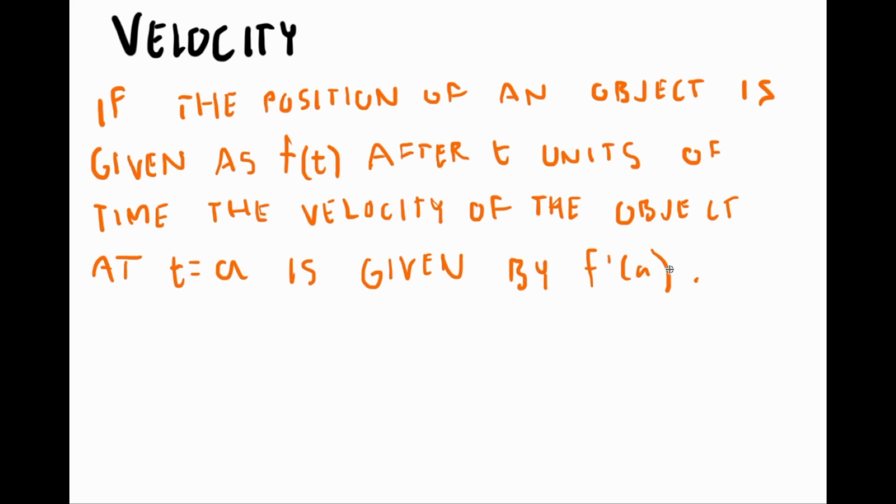We're basically going to be finding f prime, and then plugging in the value that a gives us. Based on that, we can tell certain things about the object, like the direction it's moving, right or left, or when it stops moving. So we'll go over a practice problem right now.